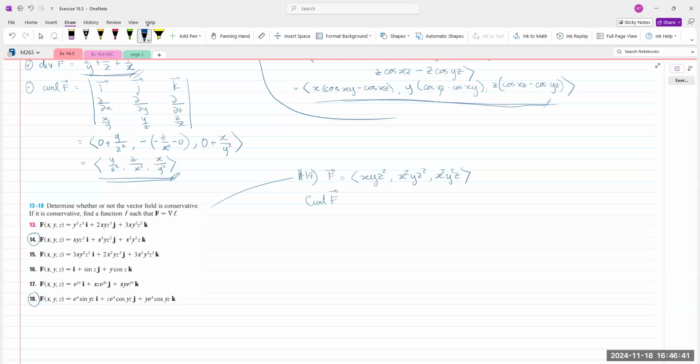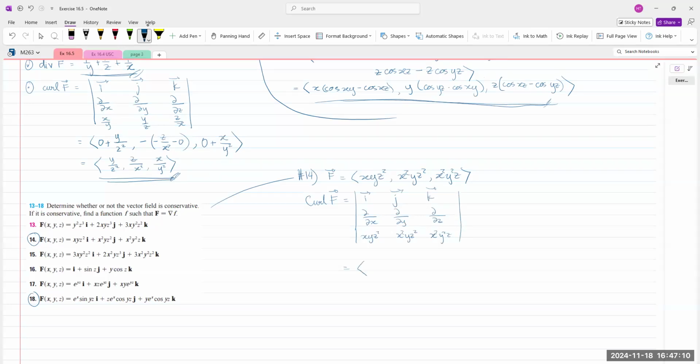Okay, curl of F will be i, j, k for the first row, the second row ∂x, ∂y, ∂z, of xyz squared, x squared yz squared, and then x squared y squared z.